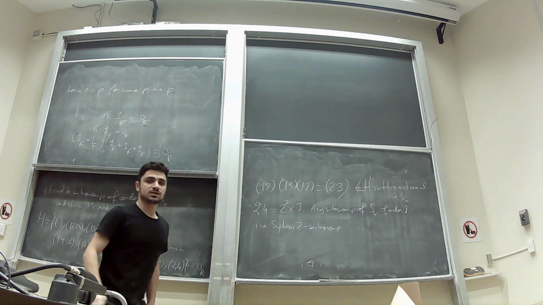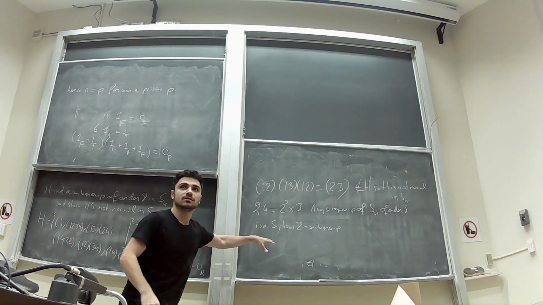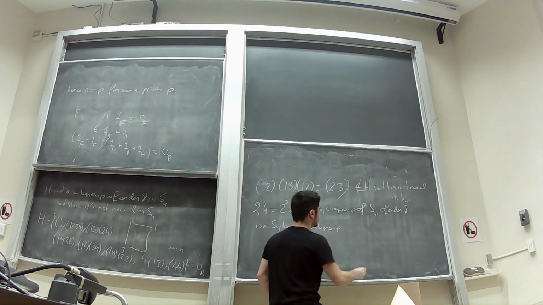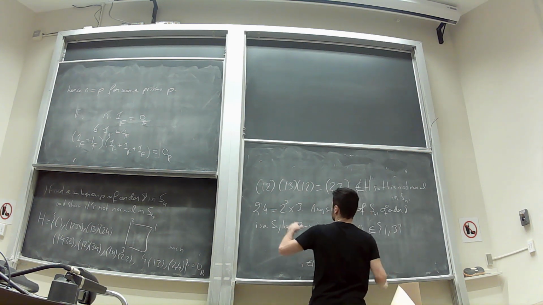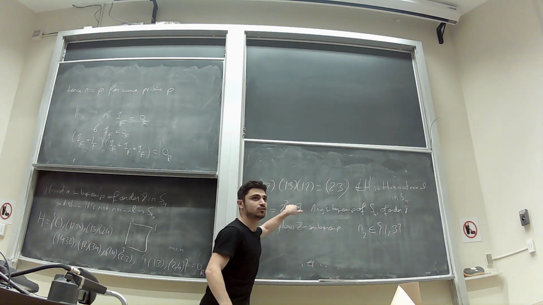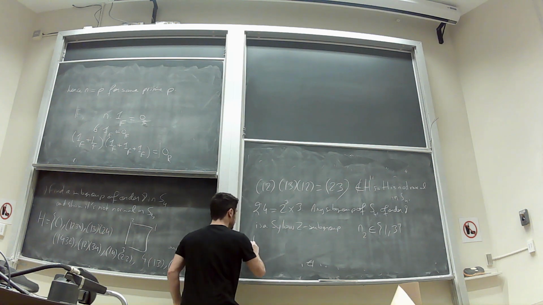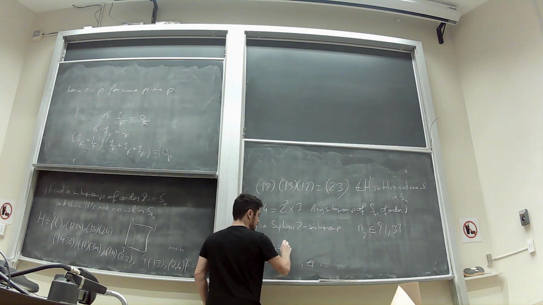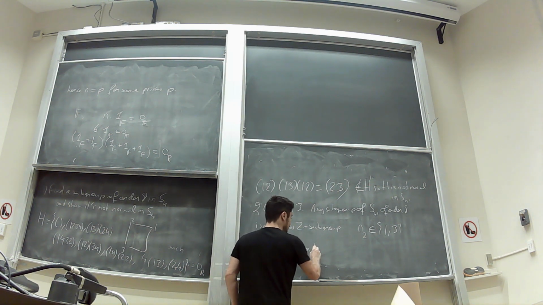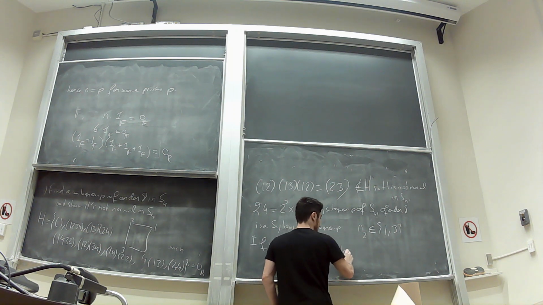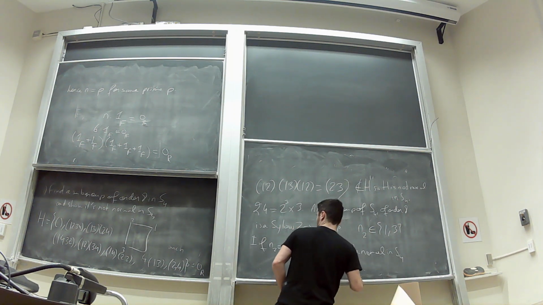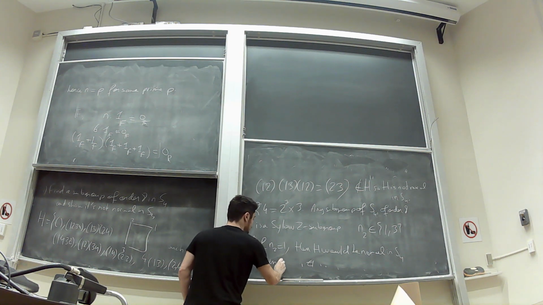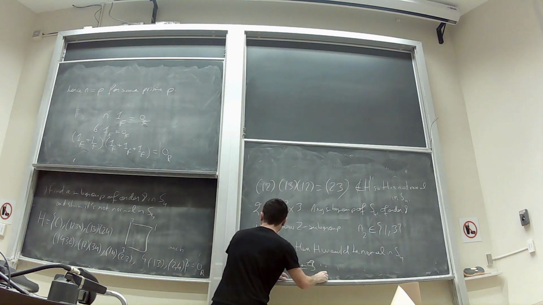So the number n2 of such subgroups, I'll go a bit fast and not define the notation, I'll use the notation in the lectures, is 1 or 3, because n2 is congruent to 1 mod 2, and n2 divides 3. Now if n2 is equal to 1, then H would be normal. But H is not normal, so n2 is equal to 3.